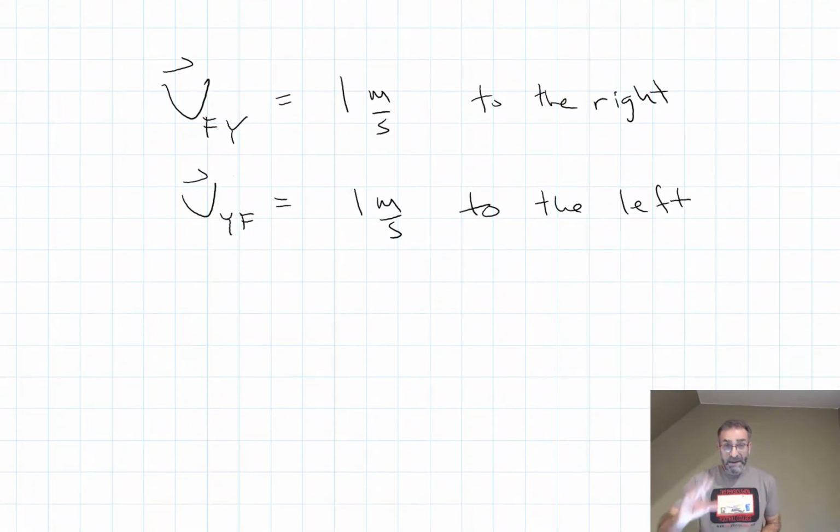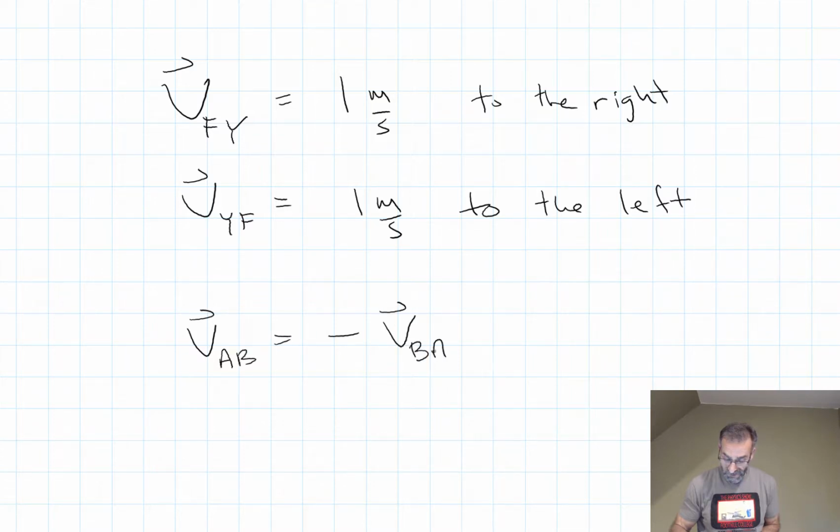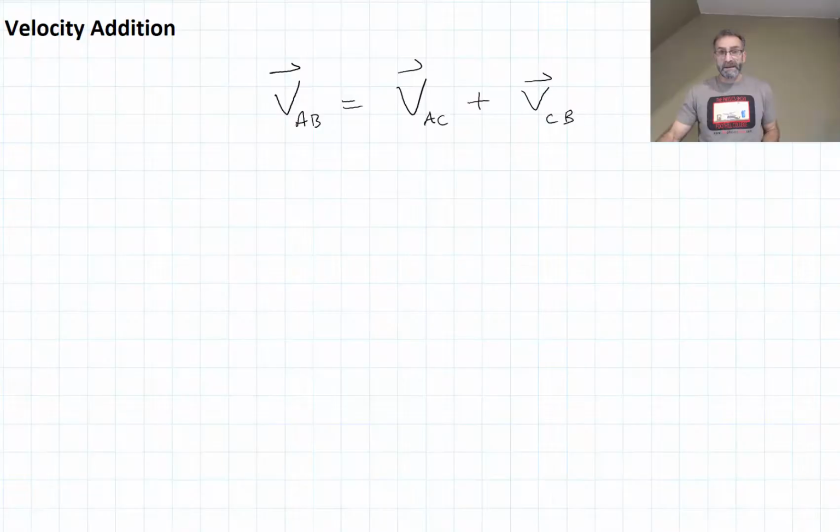So if we flip the subscripts, we rotate the vector 180 degrees. The velocity of A with respect to B is opposite the direction of the velocity of B with respect to A. This is our velocity addition equation. It tells us what order we add the vectors.